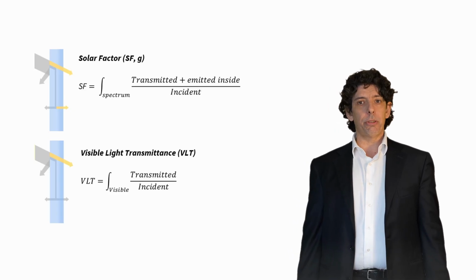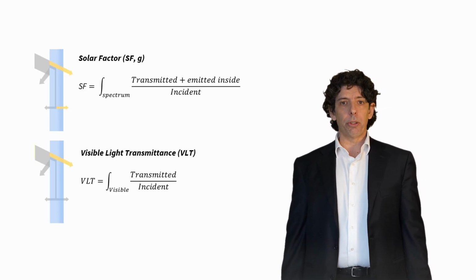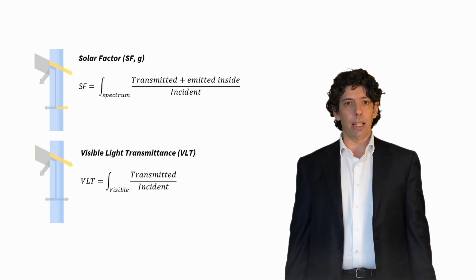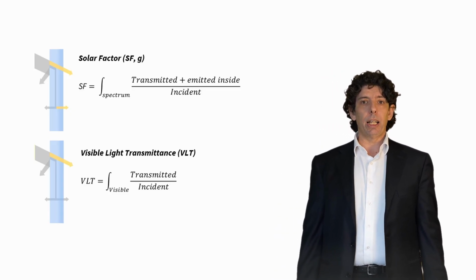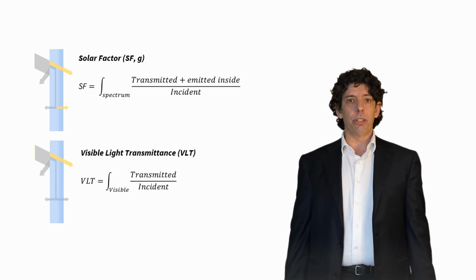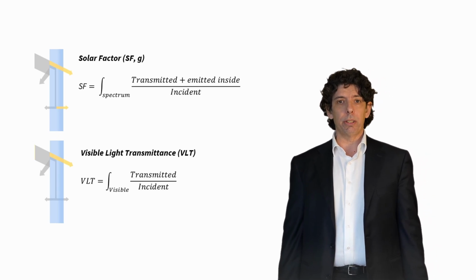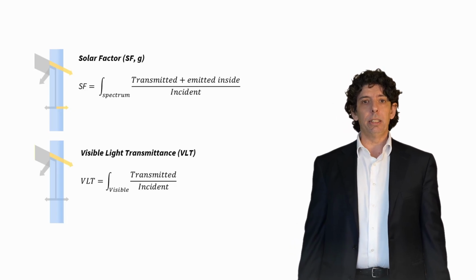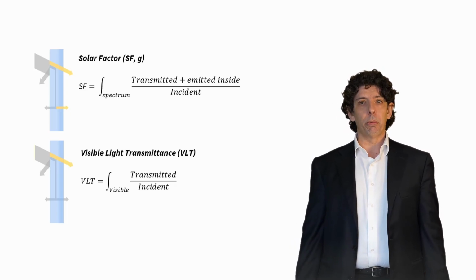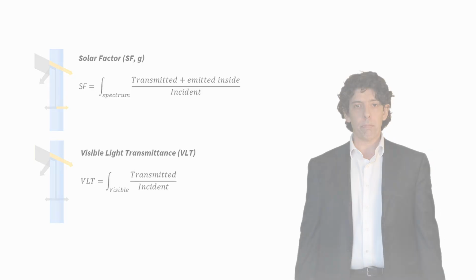According to this definition, the numerator includes both the energy directly transmitted and the component absorbed and re-emitted in the room. Instead, the visible light transmittance considers the ratio between the transmitted light flux and the incident light flux, limiting the analysis to the visible part of the spectrum.